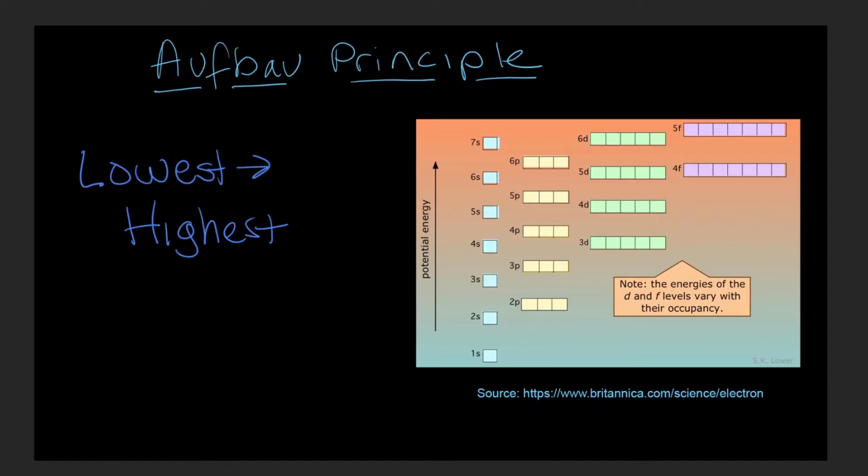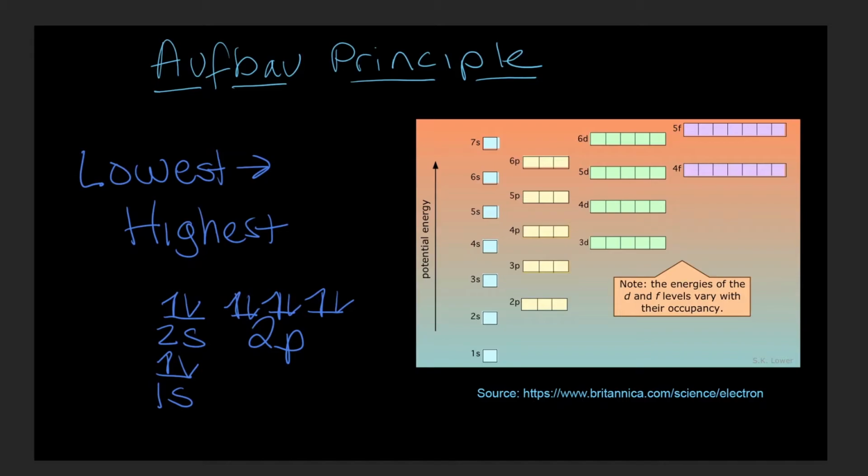For example, we would first distribute electrons into our 1s orbital, then proceed on to our next highest one, which would be our 2s, followed by our 2p. And this pattern would repeat itself all the way through to the highest energy level.